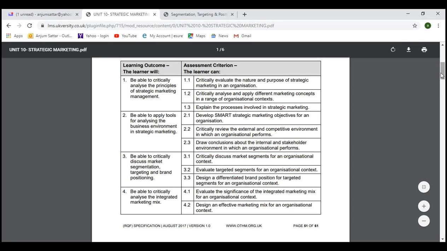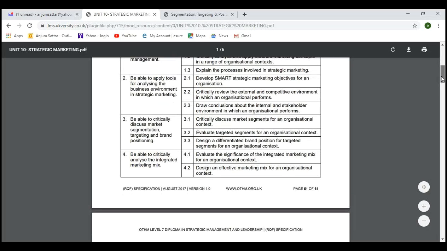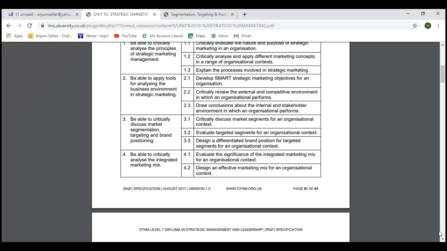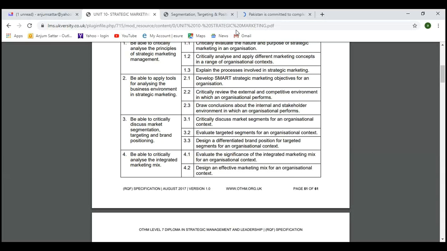So critically discuss the market segment in our organization context, and evaluate the target segment in our organization context. We need to evaluate why we need to segment, because of design and differentiated brand positioning. What is the brand, how can we position it, and the role of segmentation in branding is very, very important.